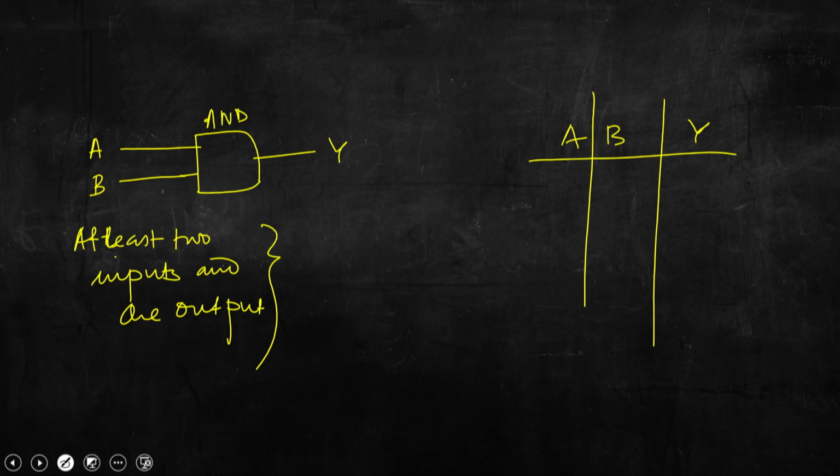The feature of this particular gate is that the output is high, meaning 1, because in the base 2 system there are only 0 and 1, when both inputs are high.